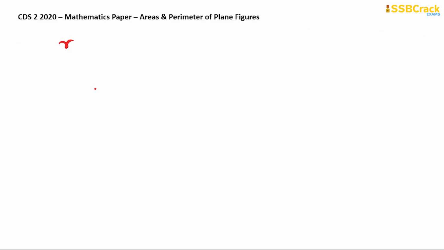So r in kilometers is 7 divided by 4 into 5,000. Now we want this reading in centimeters. For centimeters, first of all multiply by 1000 to convert it into meters, because 1000 meters make 1 kilometer, but you want centimeters, so multiply by 100 also, because 1 meter equals 100 centimeters.